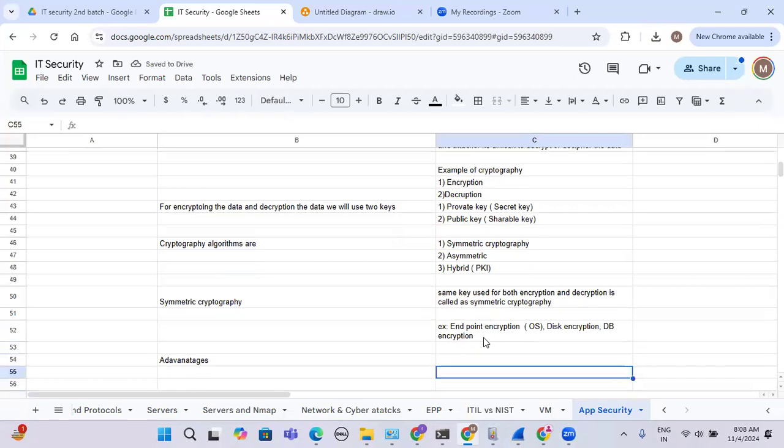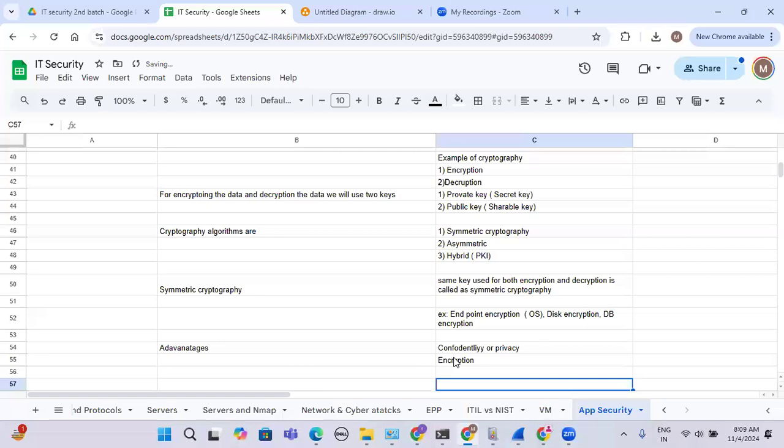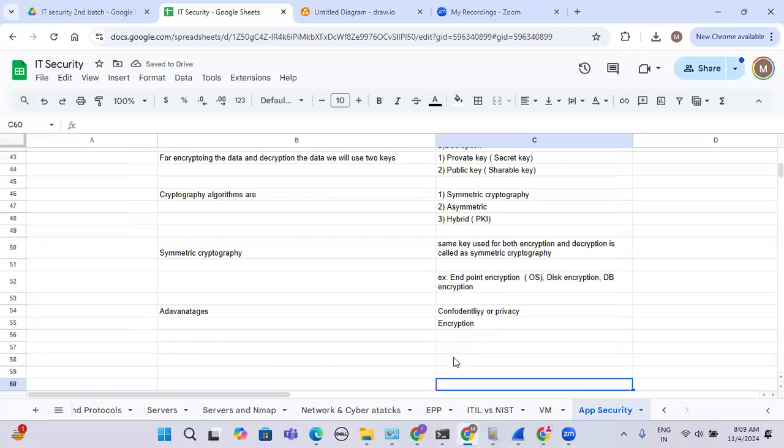It will provide confidentiality because we are encrypting the data. It will provide confidentiality or privacy, and it will provide encryption. So these two things only are provided as the advantage of the symmetric side.